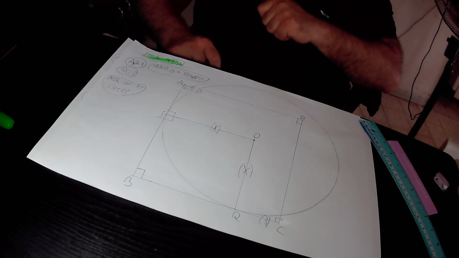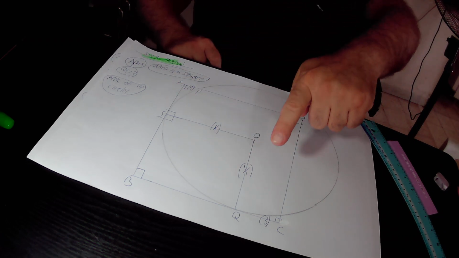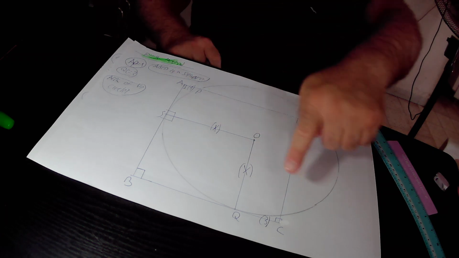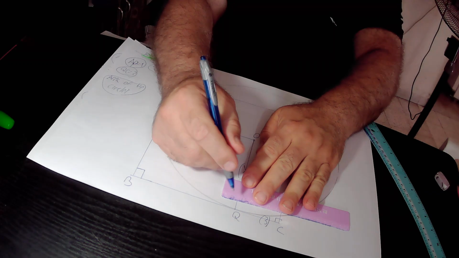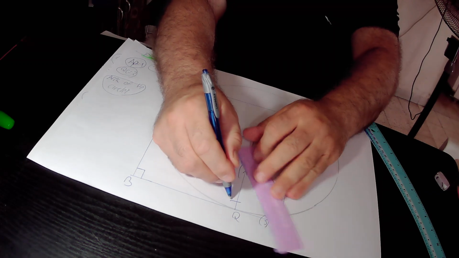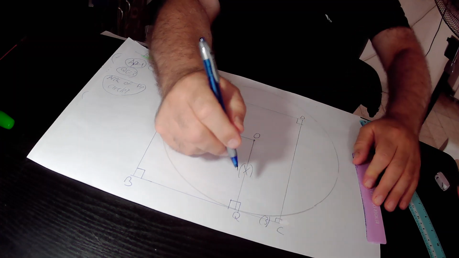And whenever a radius is drawn to the point of tangency, then tangent BC will be perpendicular to the radius QO. If BC is perpendicular to QO, it means that this angle equals 90 degrees, and this angle also equals 90 degrees according to rule 1.